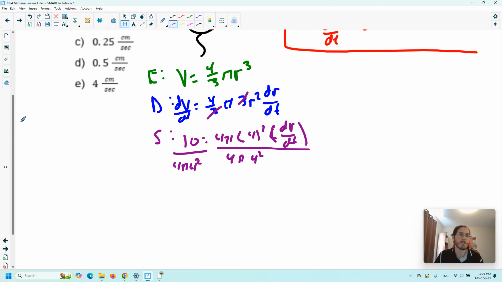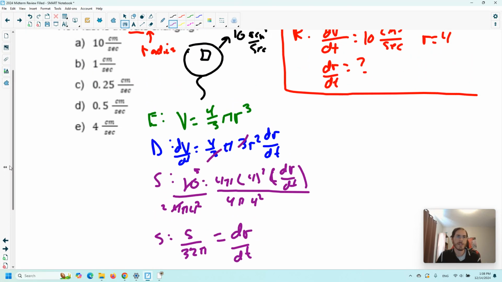So if we do that, that's going to be 10 over, let's reduce. 10's even, so it'll be 5 over, so 16 times 2 at this point. 16 times 2 is 32, so we got 5 divided by 32 pi is equal to dr/dt.